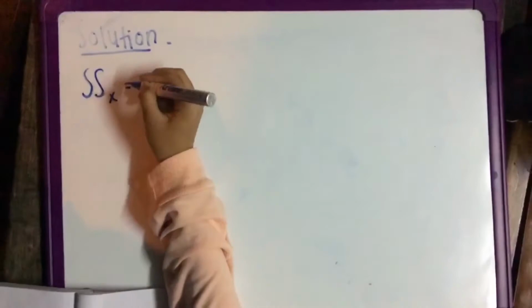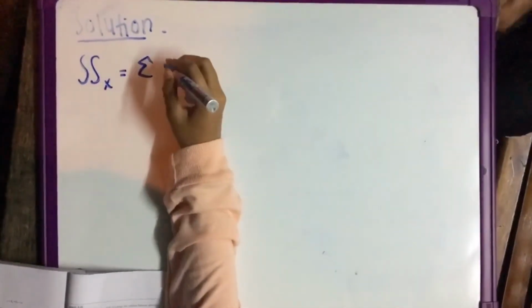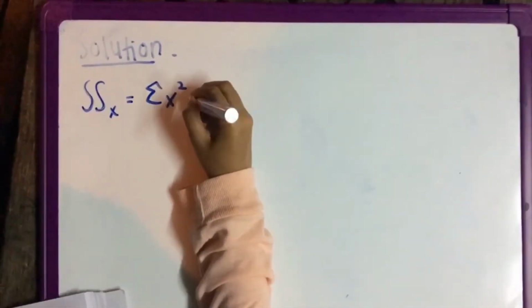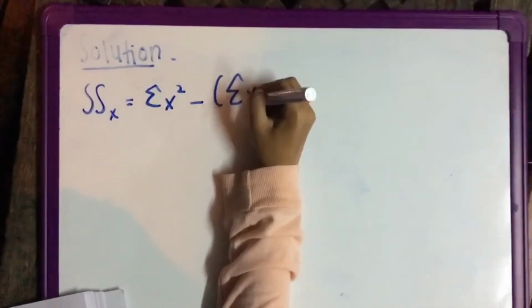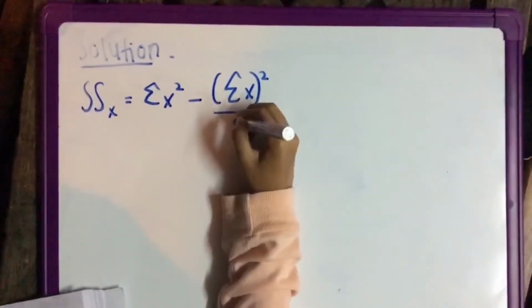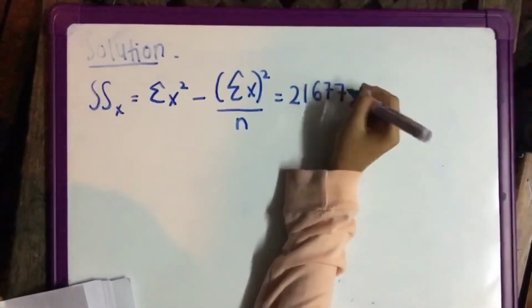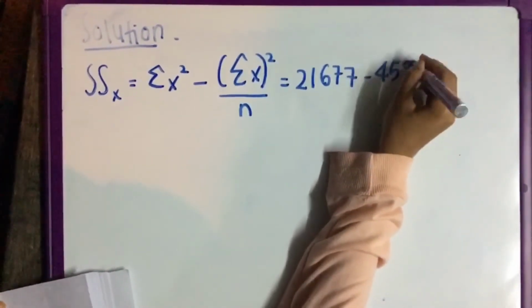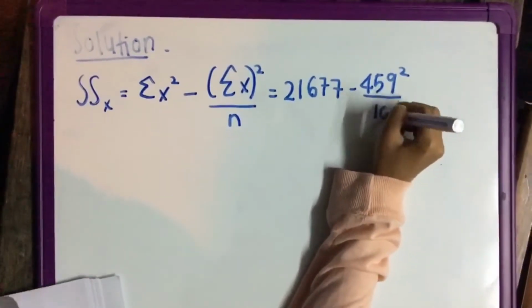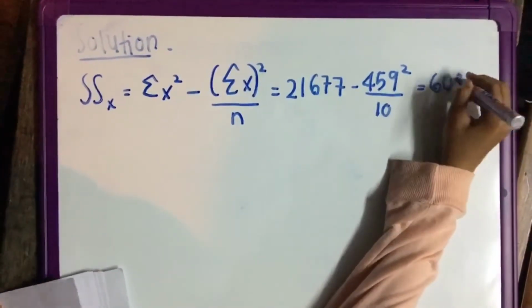So the solution for this question is by using SSX equal to total x square minus total x squared over n. And then we got the answer 608.9.